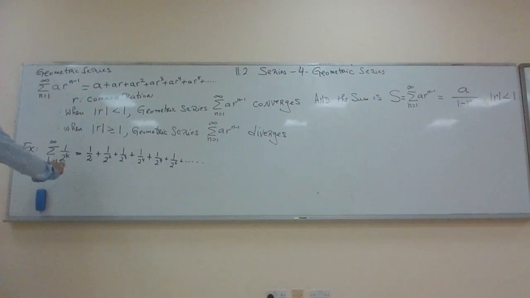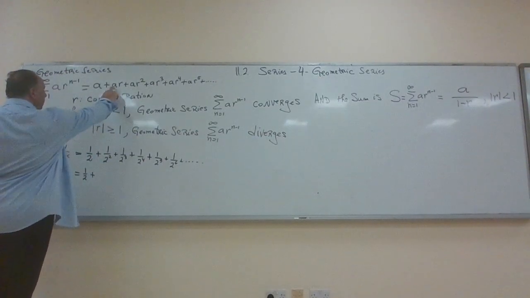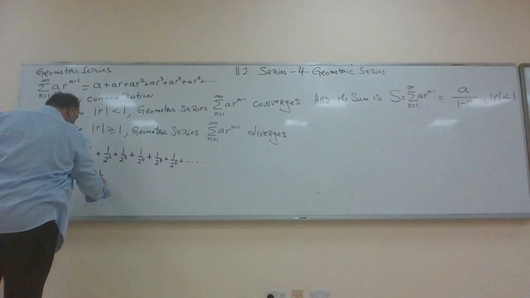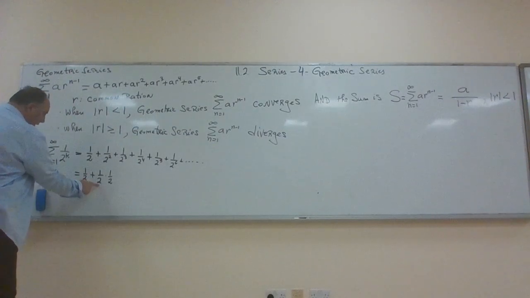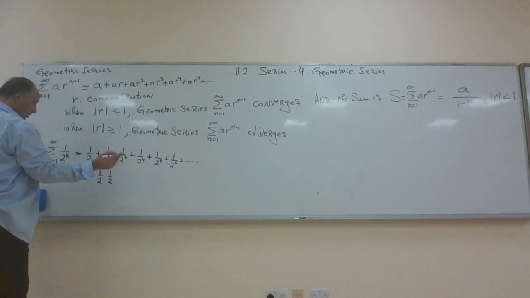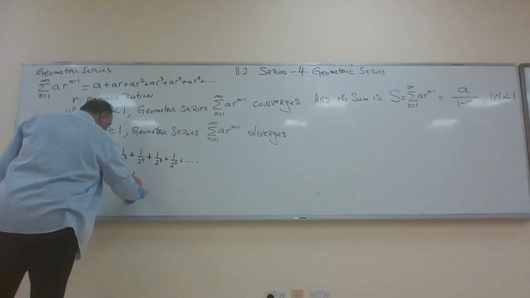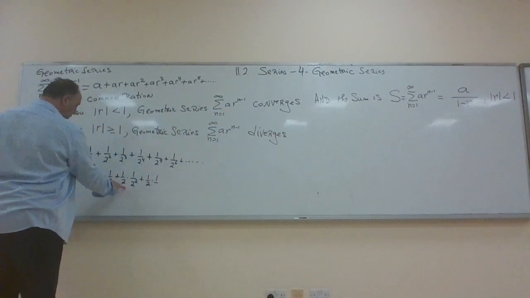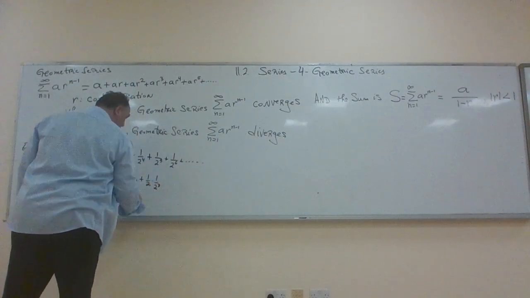So what we need is to identify the first term, that is our a, so that's 1 over 2, and then we need to factor it out of the next term. Here we have 1 over 2 times 1 over 2, right? So we have a, and this is r. Immediately we have everything. So here we have something like this: 2 to power 3, 2 to power 4. I split it in two pieces.